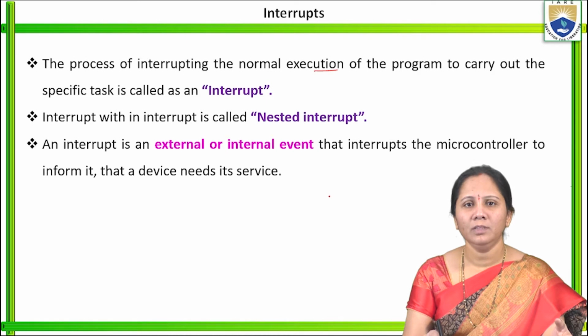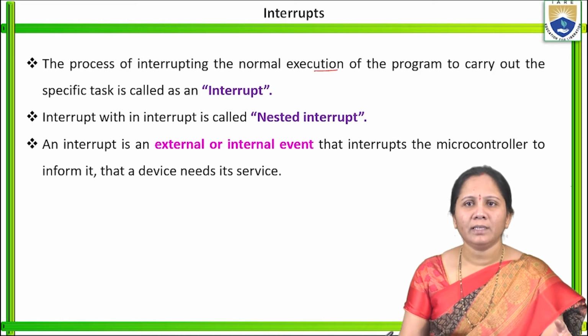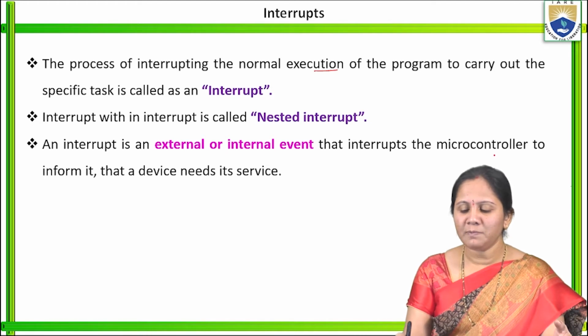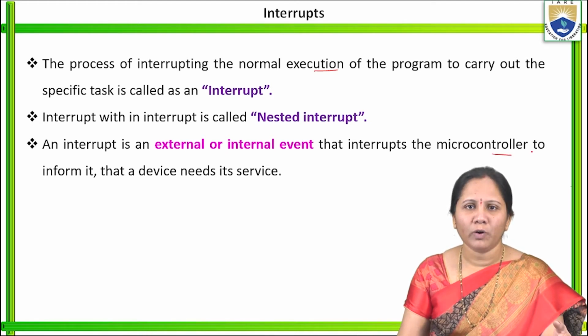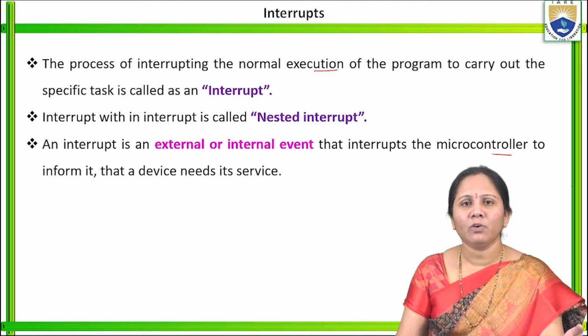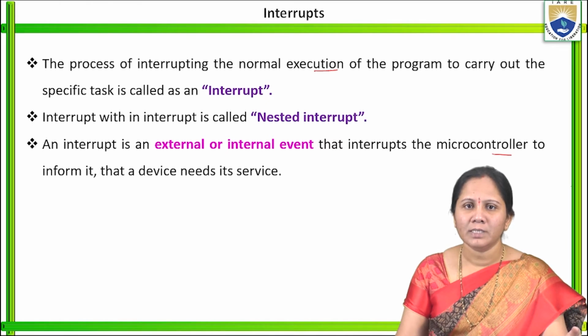Now, an interrupt is an external or internal event that interrupts the microcontroller to inform that a device needs its service. For example, if any IO device needs the service of the microcontroller, it is going to send a signal which is called an interrupt signal. That interrupt signal may be either an external interrupt or an internal interrupt.